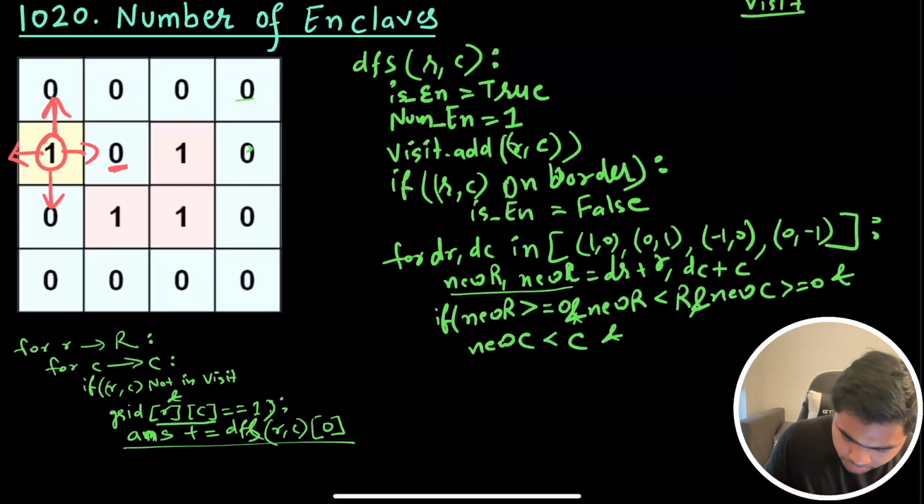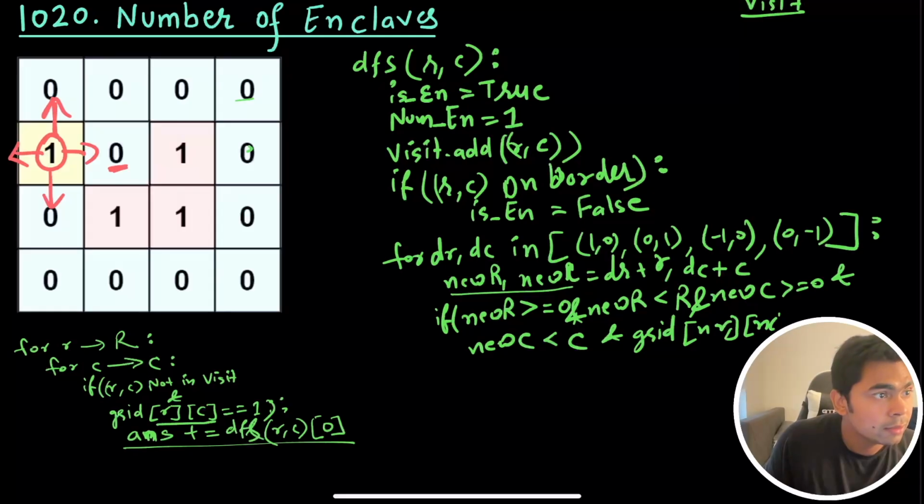What is that? The grid at this new R and new C, I'm just going to call it NR and NC, is equal to 1, by the way.